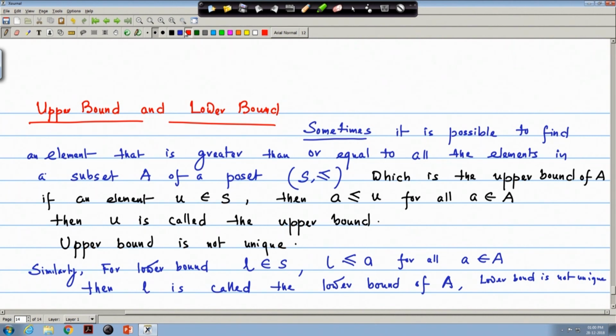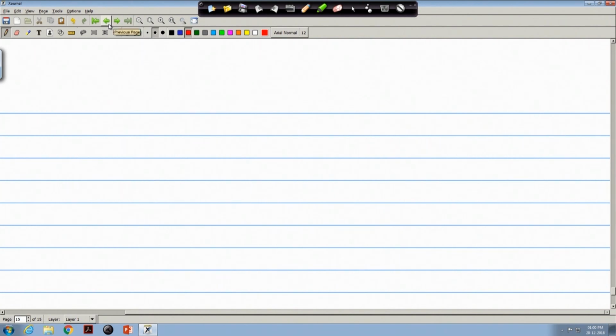So, we get some upper bound of a subset A, we get some lower bound of a subset A. We take some examples so that it will be clear how to get the upper bound and lower bound from the Hasse diagram of a poset. So, we take an example.